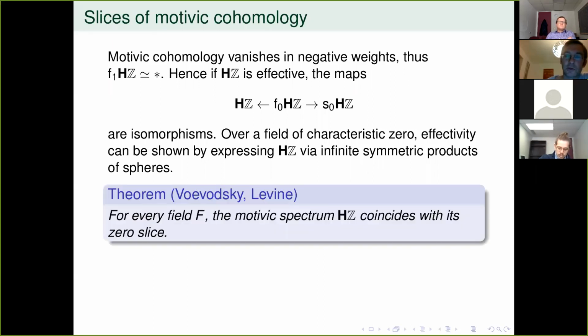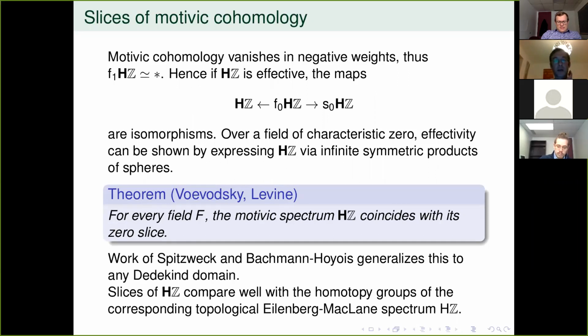And then the question is what happens over fields of positive characteristic. Again, Marc Levine used his homotopy coniveau filtration to prove that for every field, the motivic homology spectrum over this field coincides with its zero slice. And this can in fact be generalized using Spitzweck's motivic homology spectrum over a Dedekind domain.